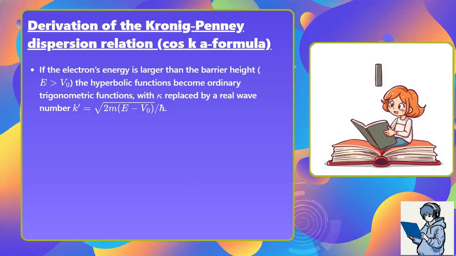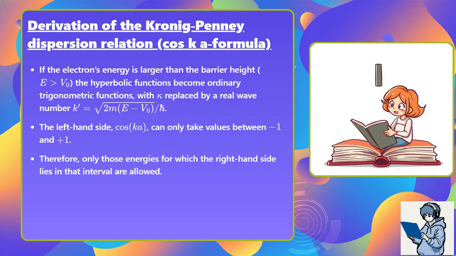If the electron's energy is larger than the barrier height, E greater than V_0, the hyperbolic functions become ordinary trigonometric functions, with κ replaced by a real wave number k' equals the square root of 2m(E − V_0) over ħ. The left-hand side, cos(ka), can only take values between −1 and +1. Therefore, only those energies for which the right-hand side lies in that interval are allowed.